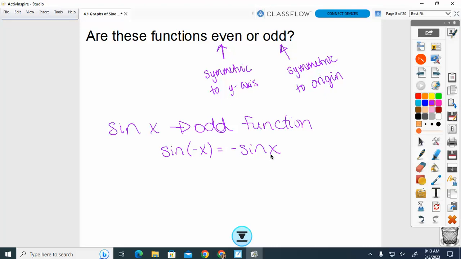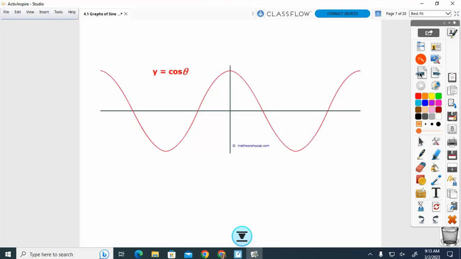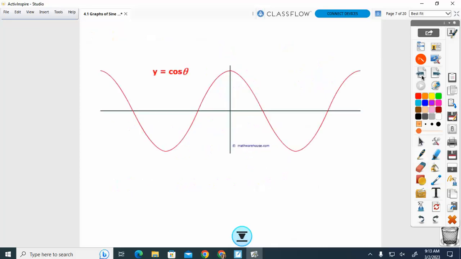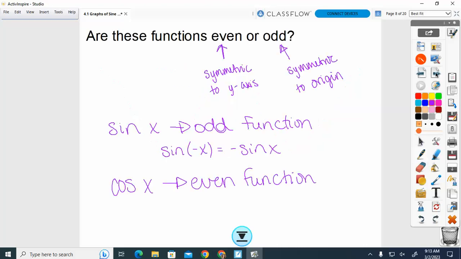So cosine, is it even or odd? Even. Cosine is symmetric to the y-axis. Okay, that means, if you think about this graph, whether your x is positive or negative, you get the exact same y value.